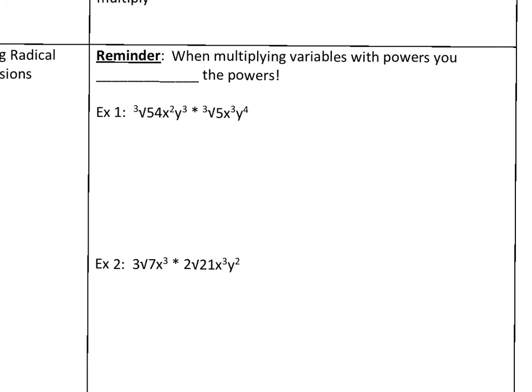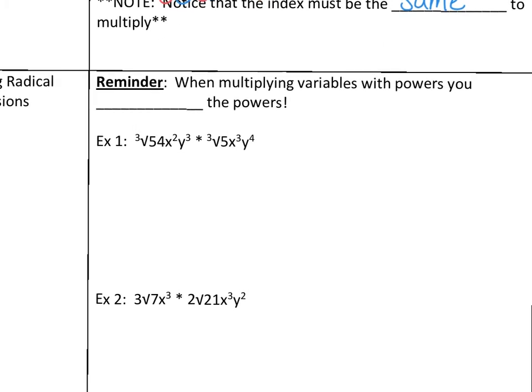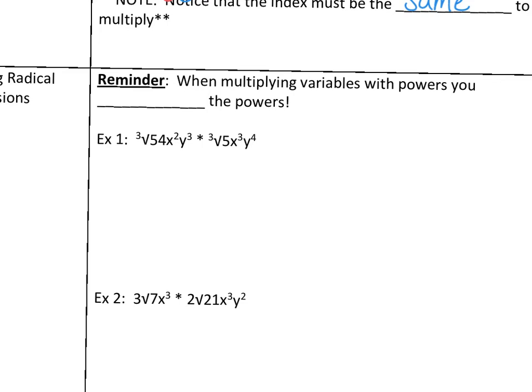When multiplying variables with powers, we know this one. You do what to the powers? Add them. The same rules apply here. X squared times x squared is x to the 4th. X squared plus x squared, though, would still be 2x squared.